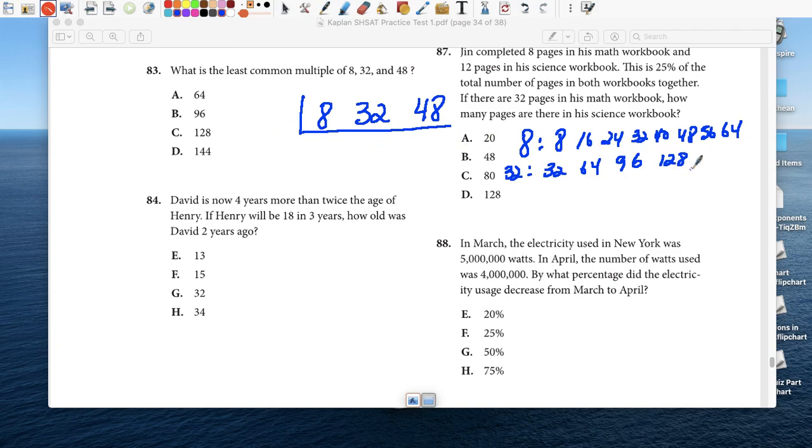Next is 160. So we definitely know it's not 144 because 144 doesn't show up in the 32s.